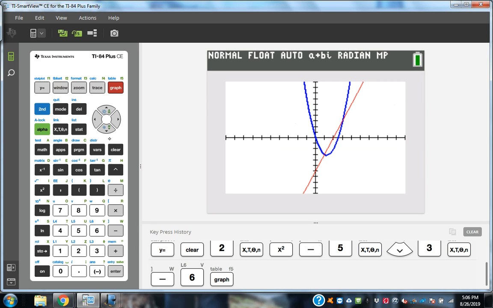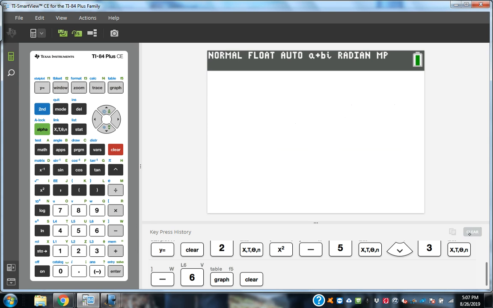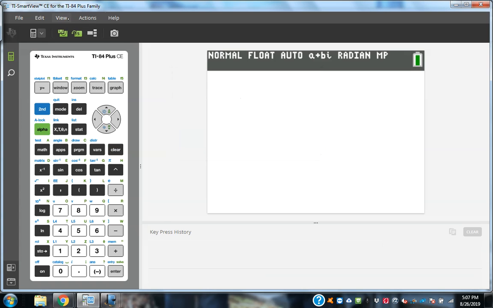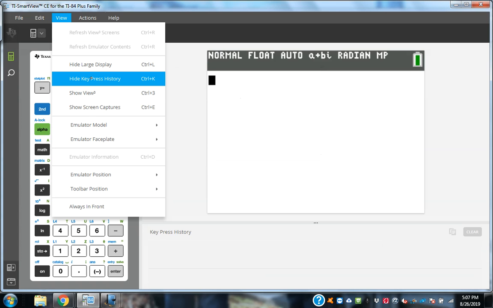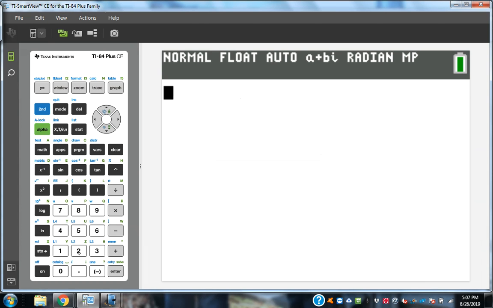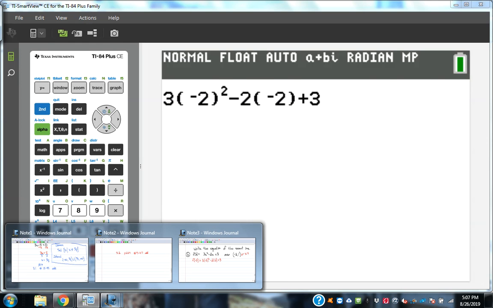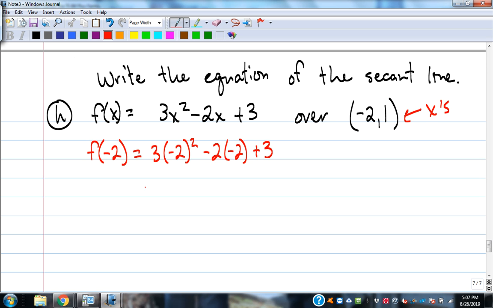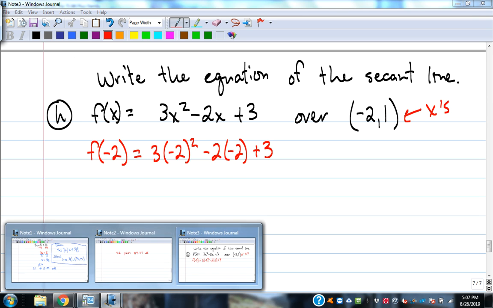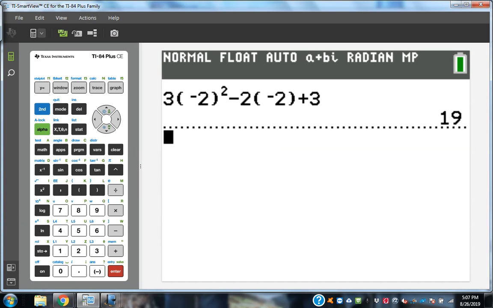I'm going to use the calculator to help me out here. All right, so we got 3 times (-2) squared minus 2 times (-2) plus 3. So I'm just plugging in what I'm working out right here. Hit enter.